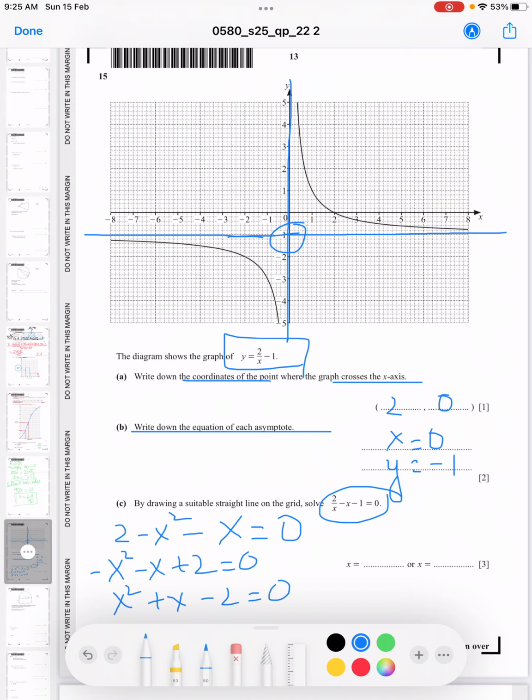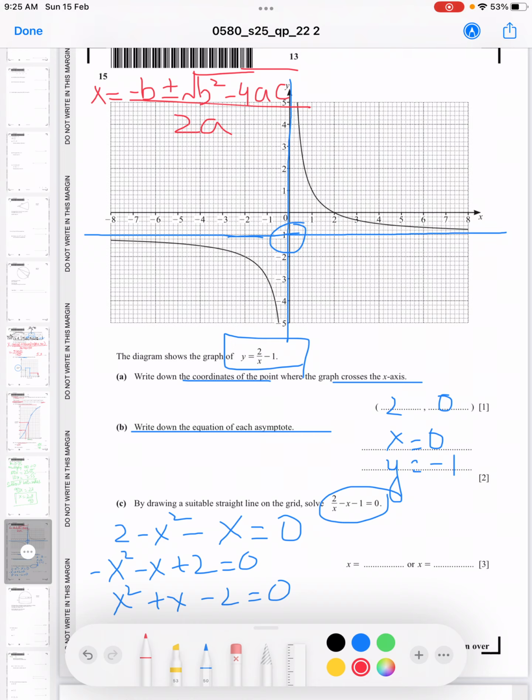Now we are using the quadratic formula. What is the quadratic formula? For solving it, I am writing here x equals minus b plus minus square root of b square minus 4ac divided by 2a, right?